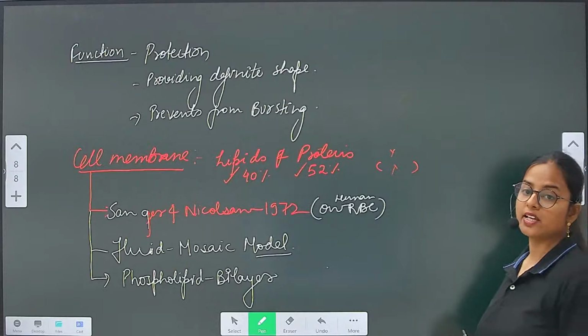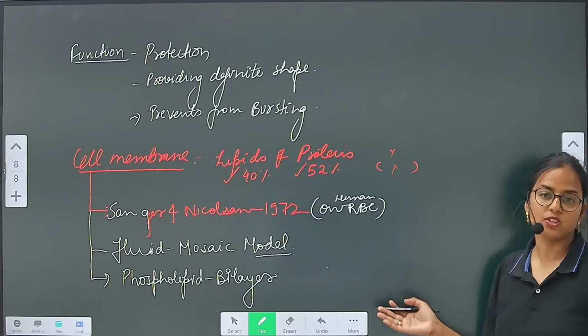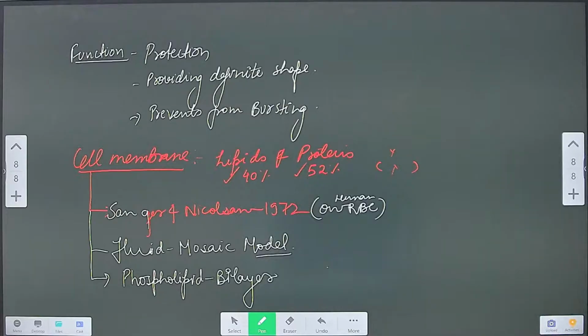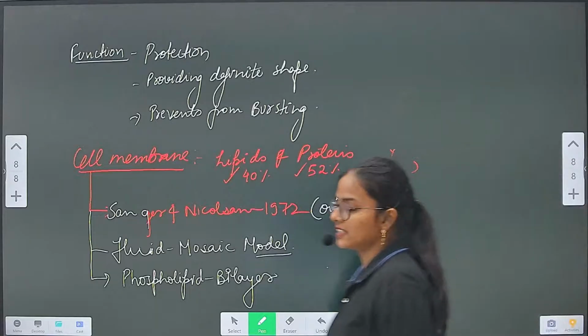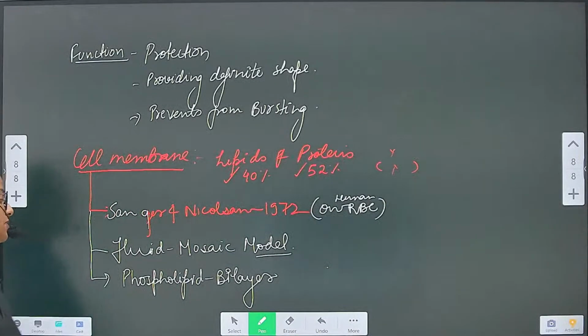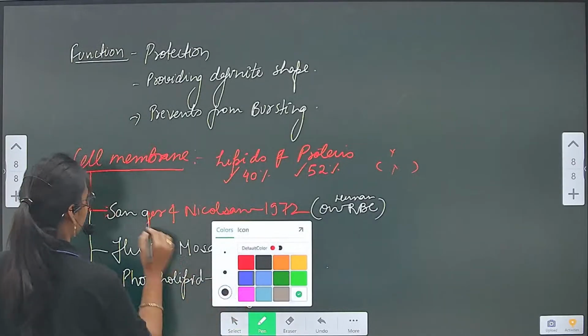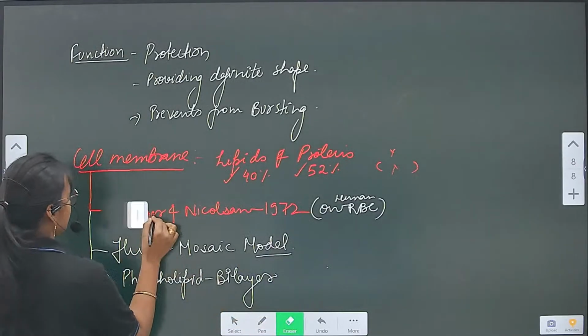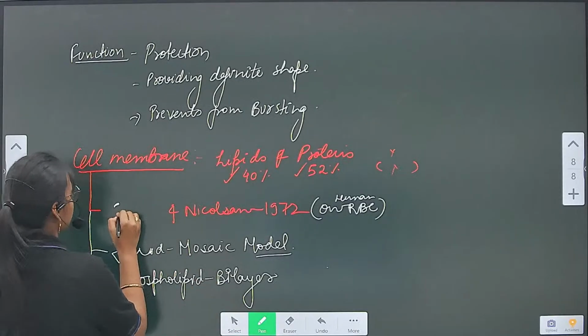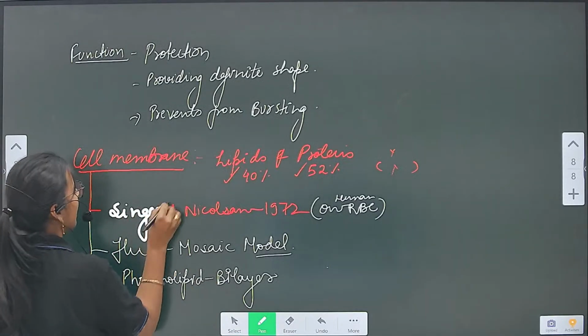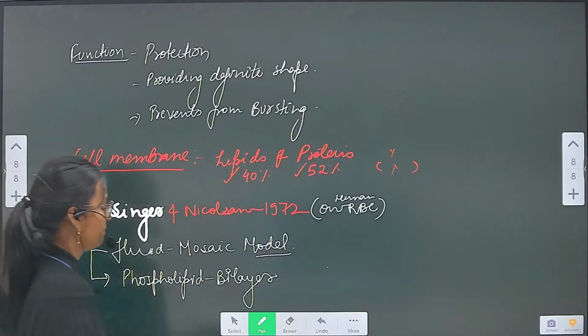That is why it is called phospholipid bilayer. Okay, this is basically not Sanger, this is Singer. We call it Sanger, but it is written as Singer and Nicholson.